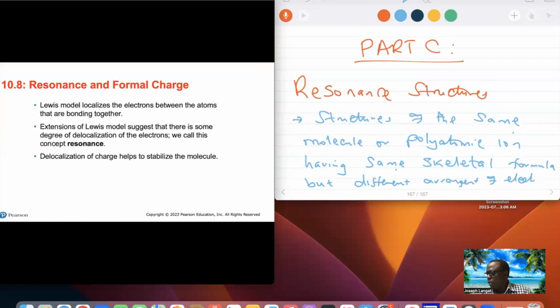They differ by the position of the electrons.